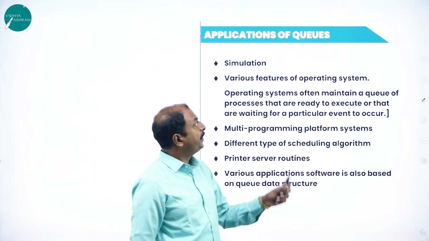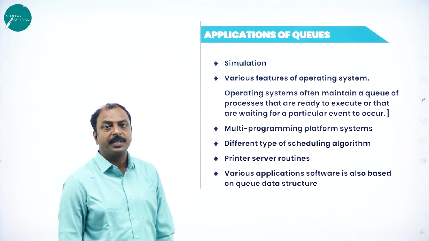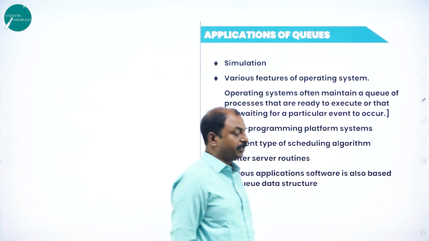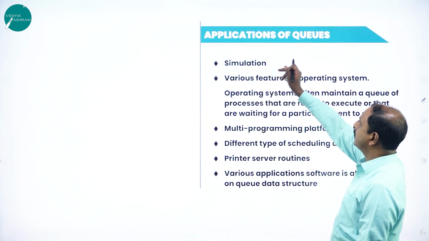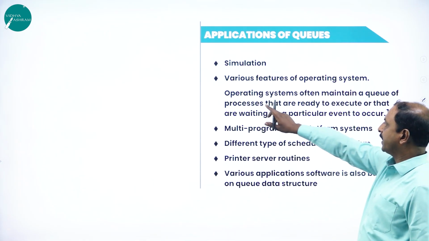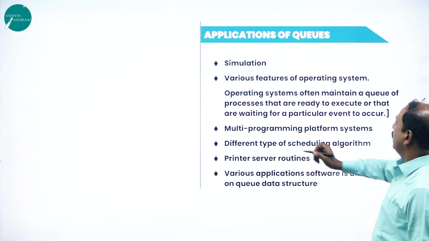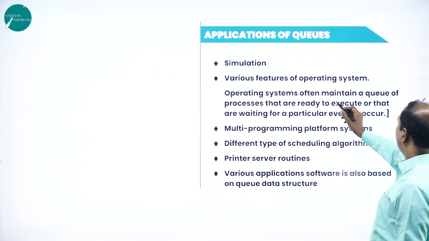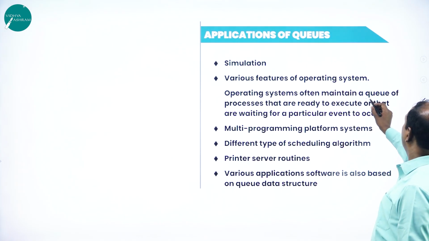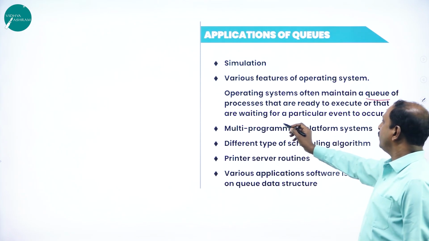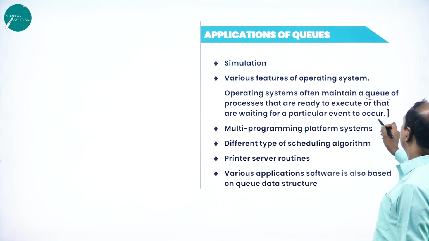It is the applications of queue. One of the applications is simulation, and the second application is various features of the operating system. The operating system often maintains a queue of processes that are ready to execute or that are waiting for a particular event to occur.